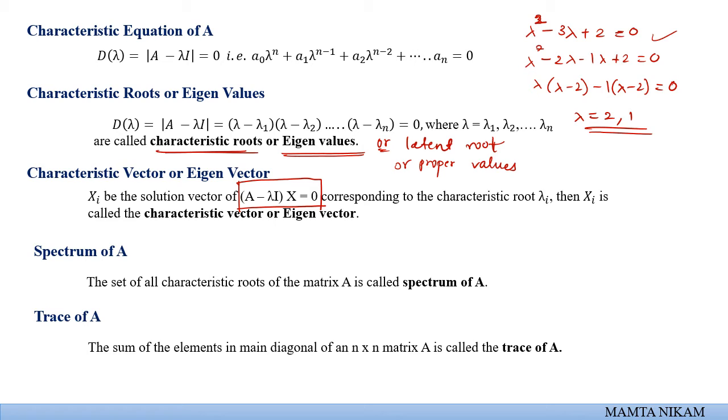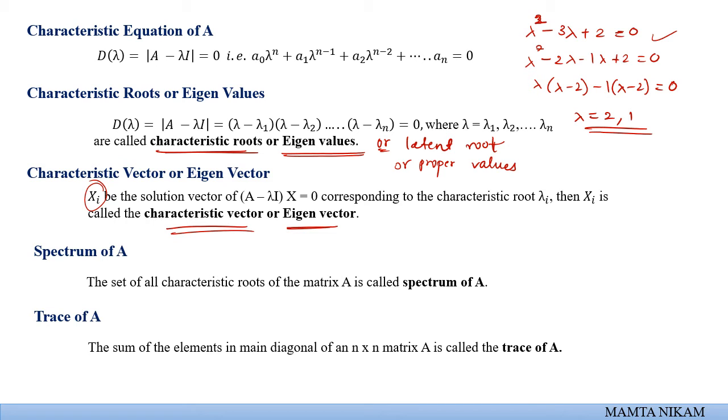Now one by one, when you substitute these lambda values, or you can say roots, in this matrix equation, we will obtain the value for x, that is the vector x, and this vector will be the corresponding vector to the eigenvalue, and hence it is known as an eigenvector. So the vector value xi corresponding to the lambda I value, that is the characteristic root, is known as the characteristic vector, or you can call it an eigenvector.